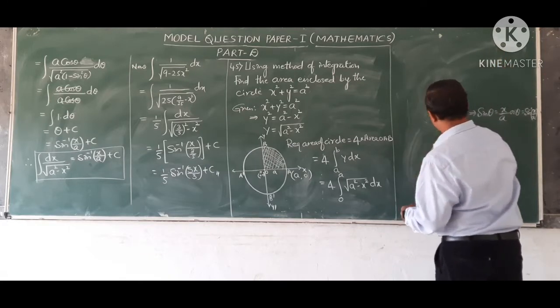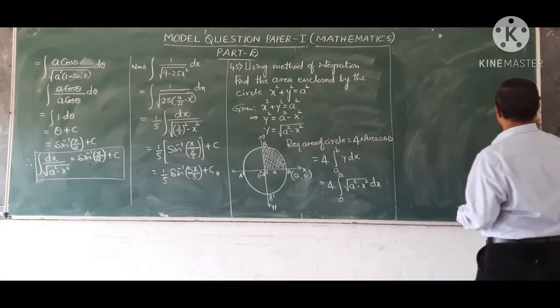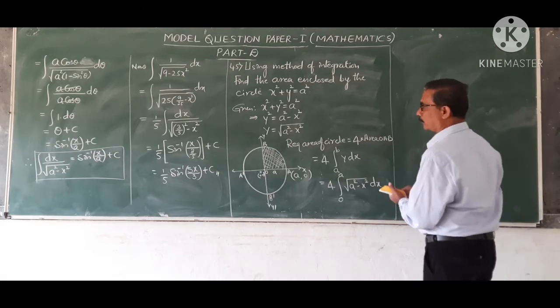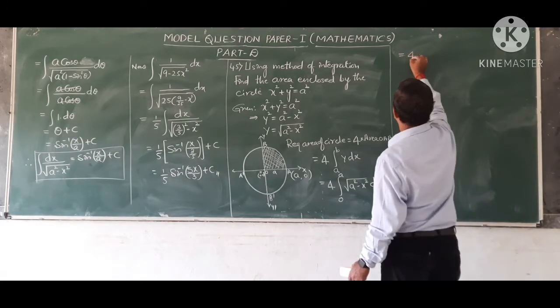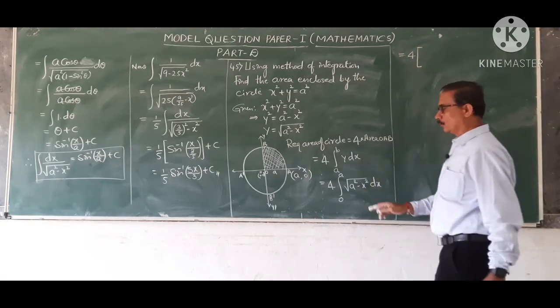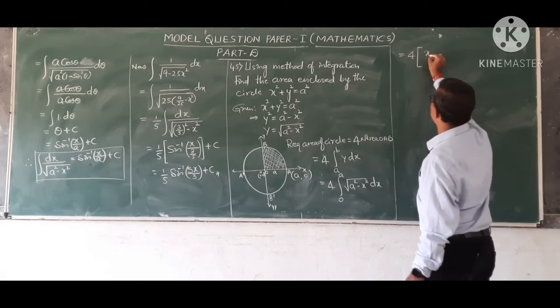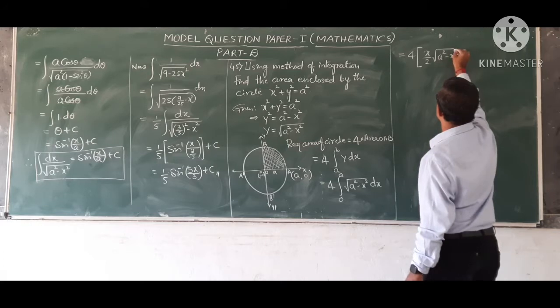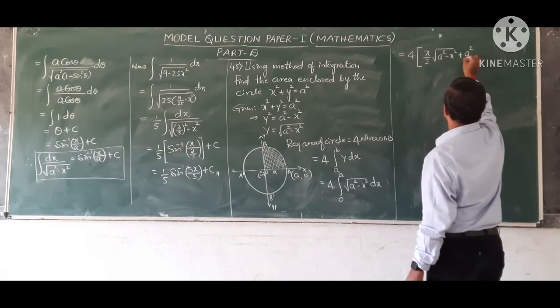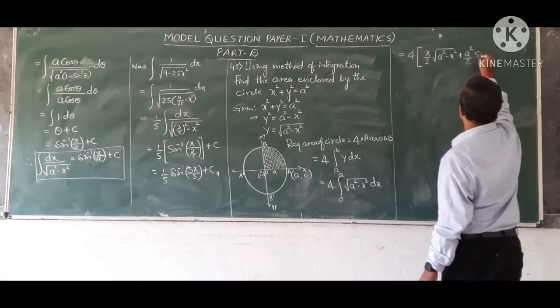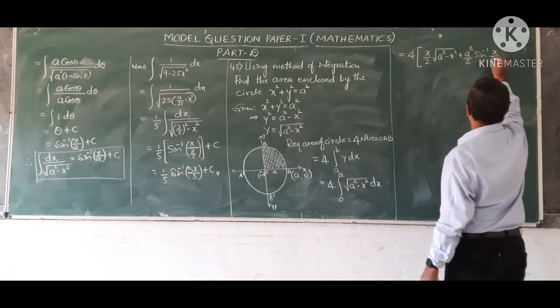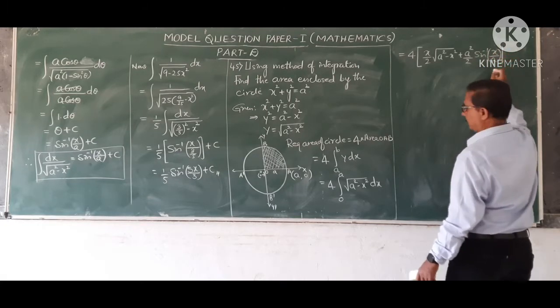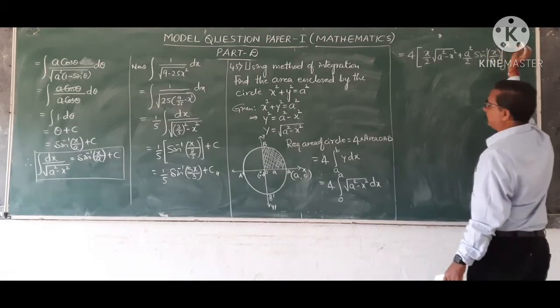Integral of root a square minus x square with respect to x. Do you remember that formula? That is 4 into integral of root a square minus x square, which is equal to x by 2 into root of a square minus x square, remember, plus a square by 2 into sine inverse of x by a between the limits 0 to a.